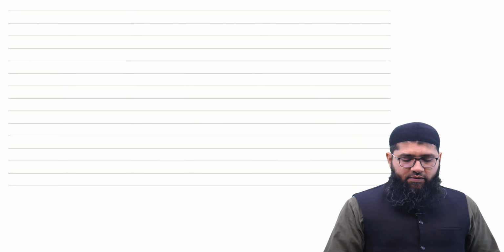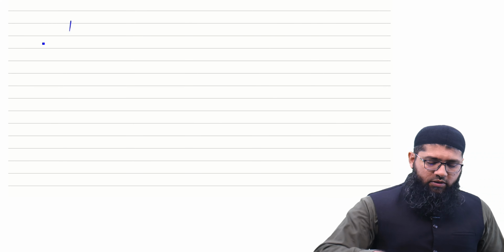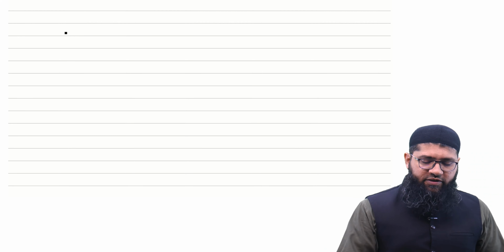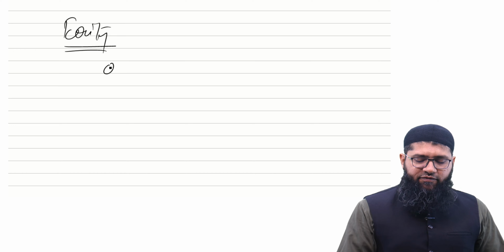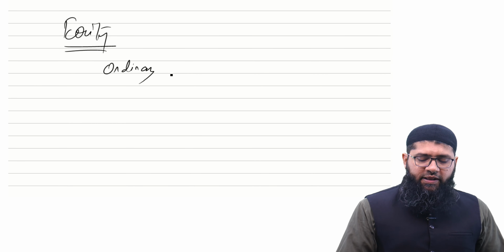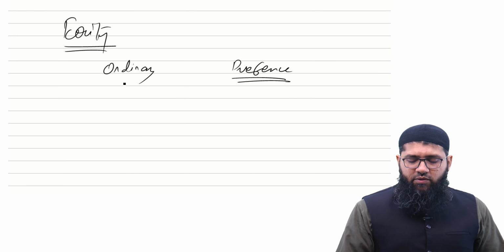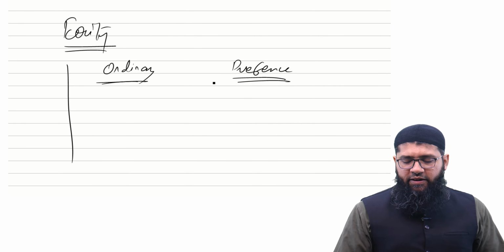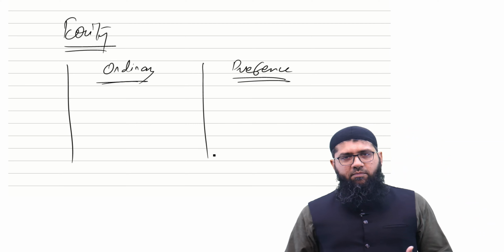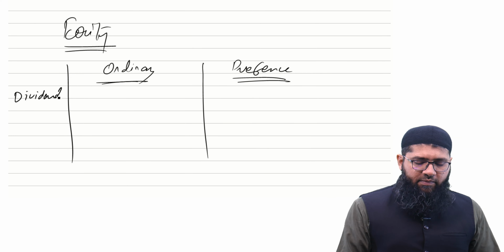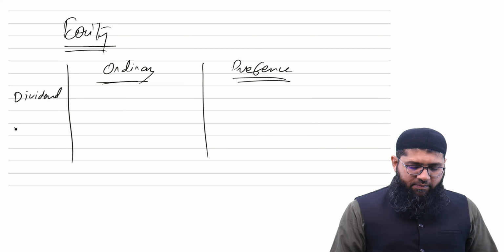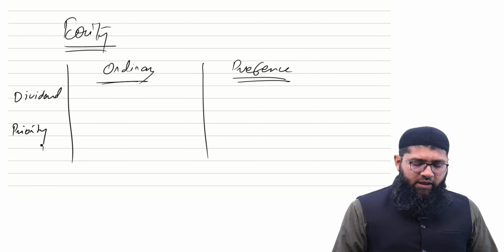Then let's move a bit forward, and talk about the different ways of generating finance. When we have got the equity, you know the difference between the ordinary shares and the preference shares. When we talk about the ordinary and the preference shares, there are multiple differences. One of them is dividend, another is priority, and the third is the voting right.